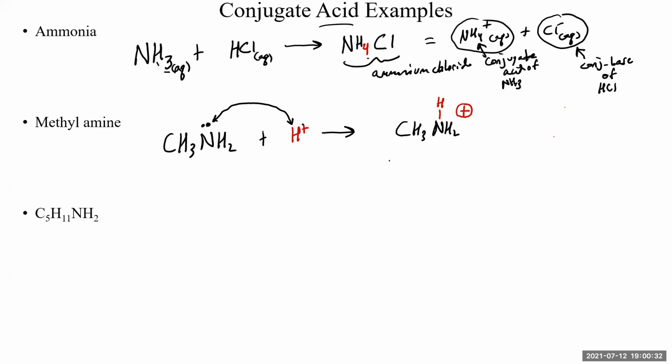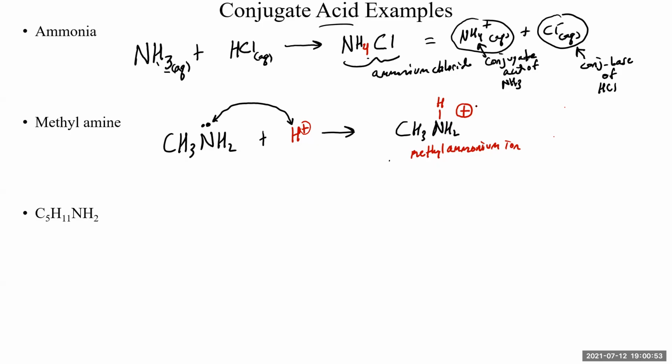Why? Because we added a positively charged ion to an otherwise neutral molecule. So the result is a positive ion, which is called methyl ammonium ion. Methyl ammonium ion. You don't have to learn the name of that, but I'm just letting you know.